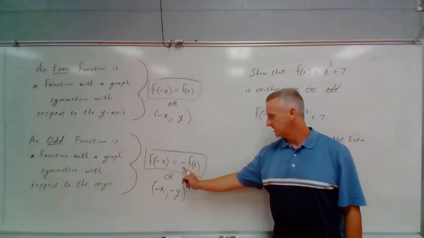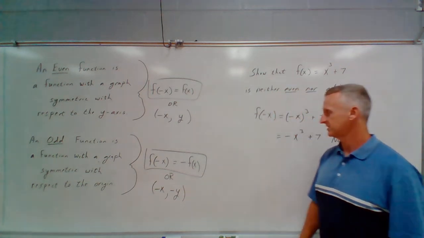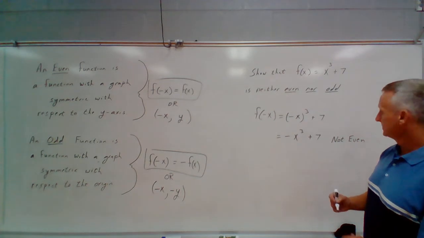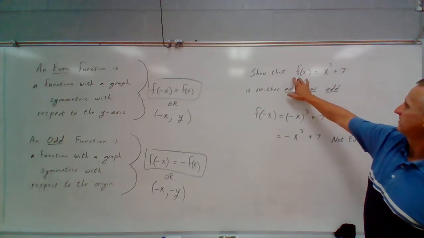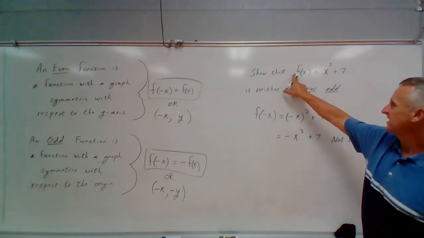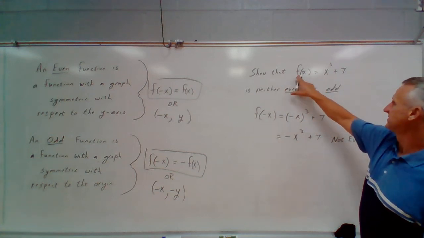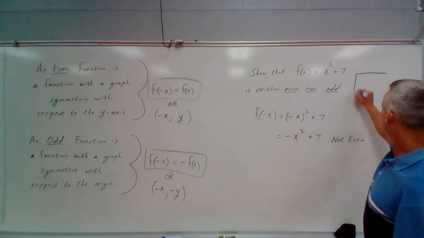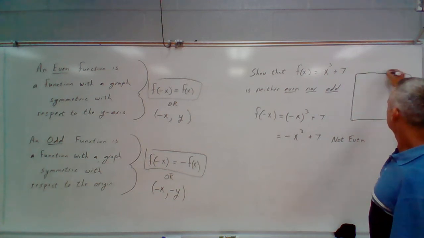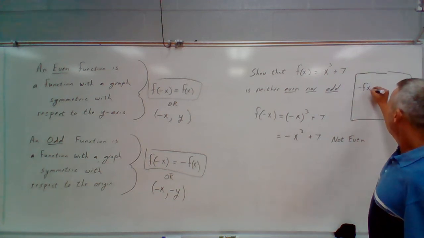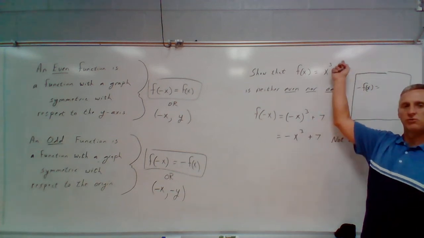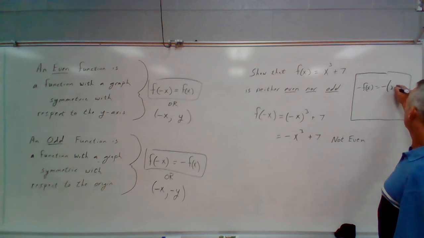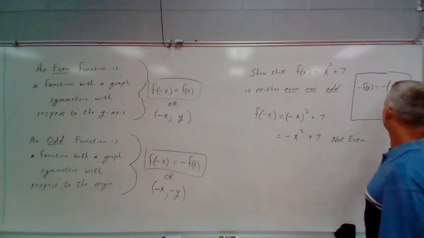In order to be odd, it needs to equal negative f of x. What is negative f of x? If I find negative f of x, I need to multiply both sides of this by negative. If I do that, I'll have negative f of x equals the whole side here has to be negative, so negative of x to the third plus 7.